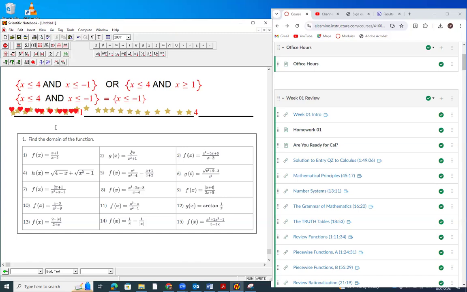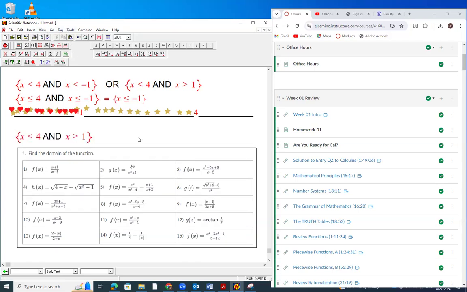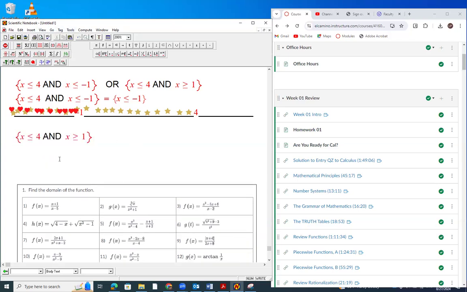Okay, so how about the second part? Let's look at the number line one more time. Number line. Okay, we got a +1 and we got a +4.